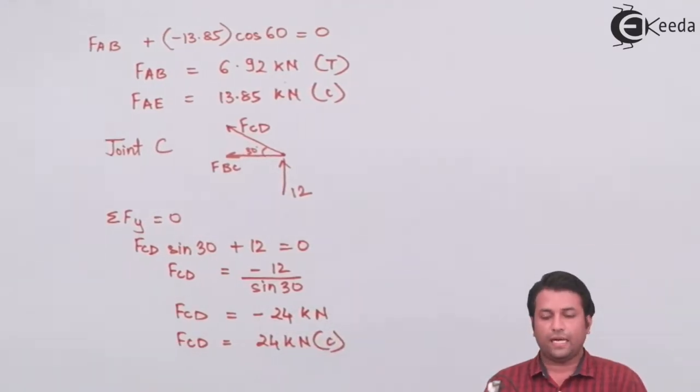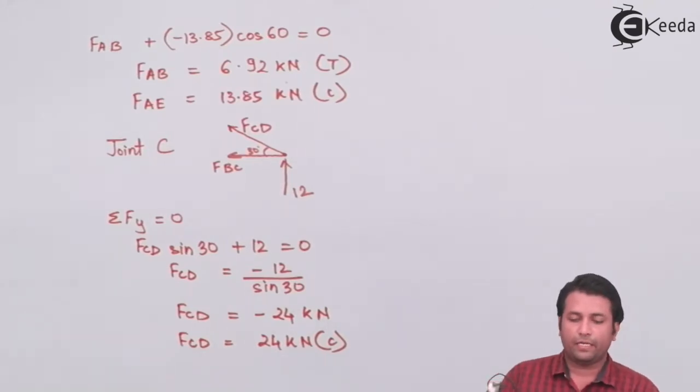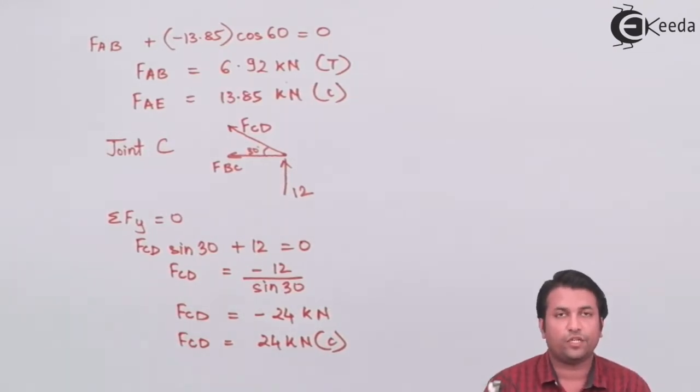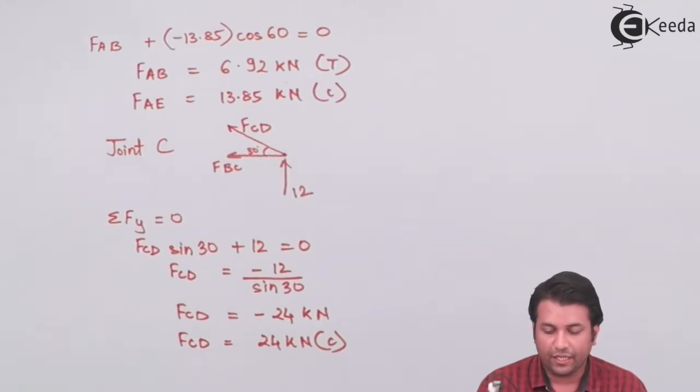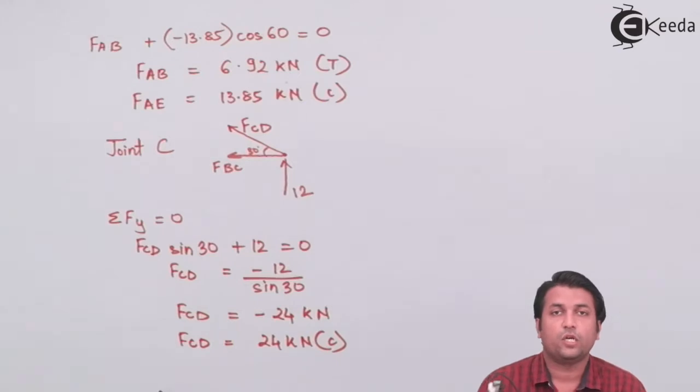Now, you can see that applying the condition of equilibrium at joint C in the direction of Y, that is the vertical direction, I'm getting the force in the member CD to be negative, and that is 24 kilonewtons.